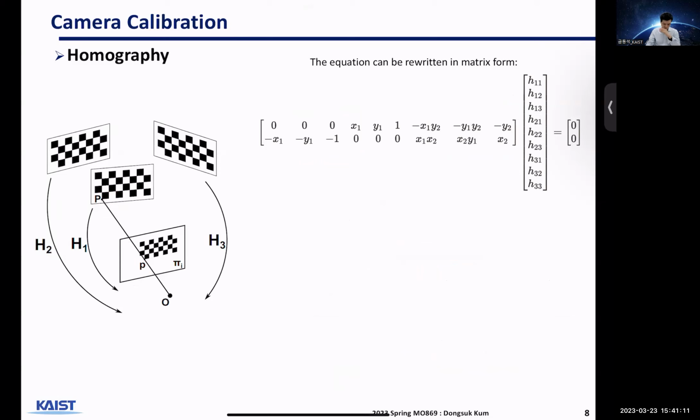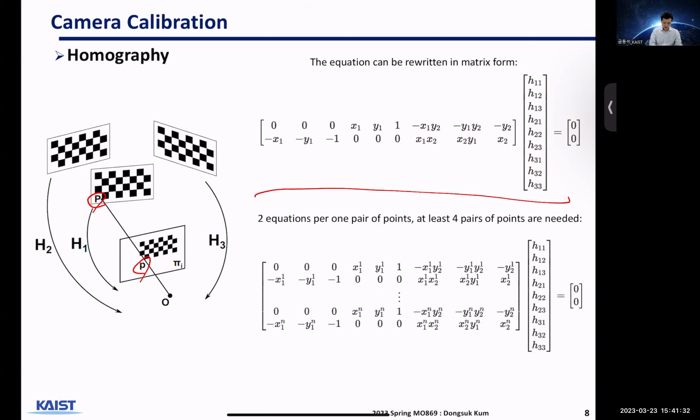For one pair of point correspondences, meaning that if we have capital P and small p for one point, that would provide these two equations. So that's 2 equations per one pair of points.